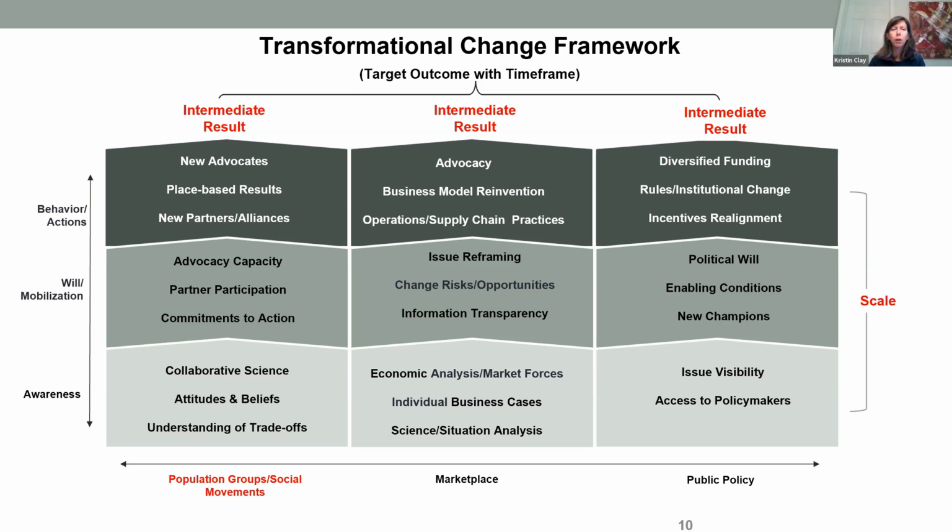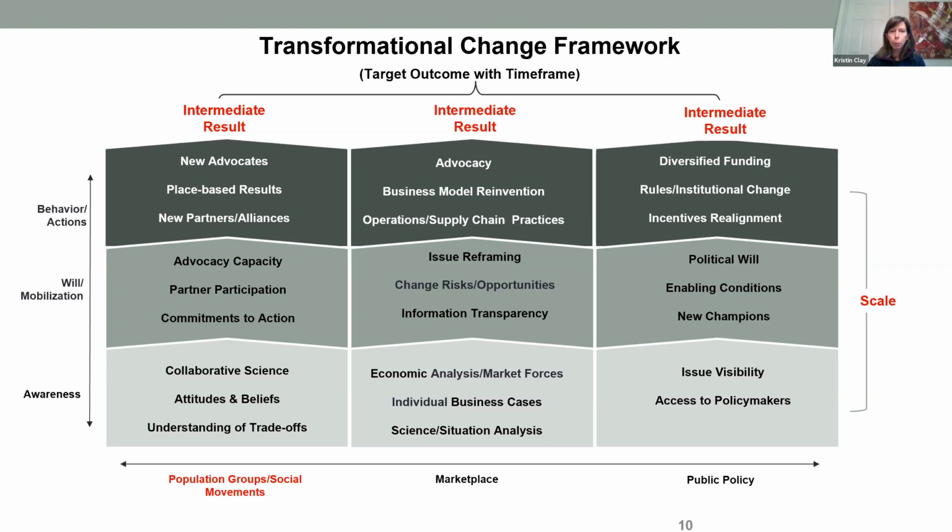They said, if we're working with the marketplace, raising awareness, mobilizing actors and getting behavior change, before we get to the big outcome, what is that intermediate result? So that's a new addition there. It used to say scale up here, and that has now been moved to the side because we don't want to lose the thought that we're trying to achieve something at a pretty big scale.